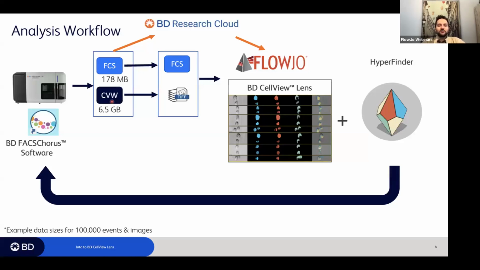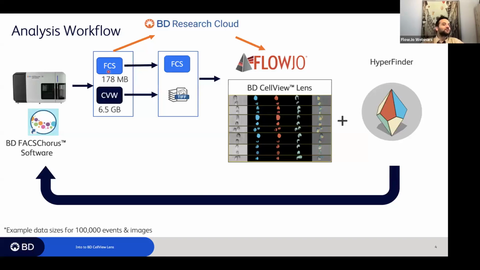This can then be extracted as a next step. Extracted, not unmixed; unmixing happens a bit earlier. This can be extracted with the image extractor, and then you will have a folder with TIFF files, which will be the actual images that we will add within the BD CellView Lens plugin. After you generate those files, we do have a solution where you can store those in the BD Research Cloud, because you already see that we have massive data sets.